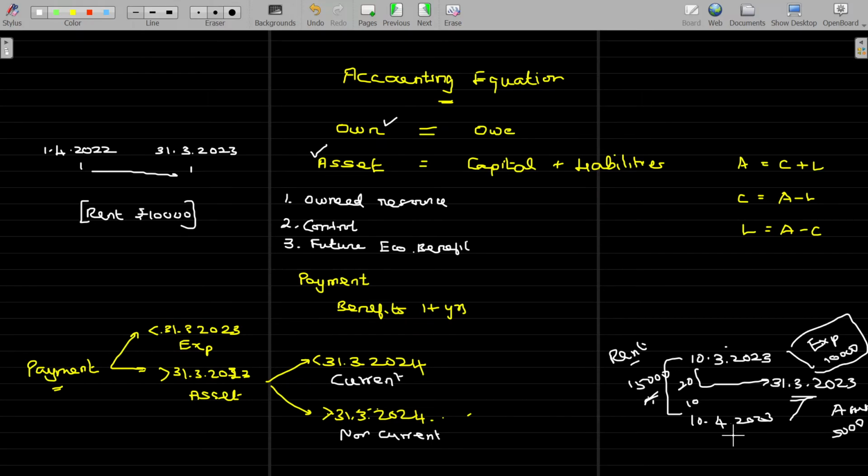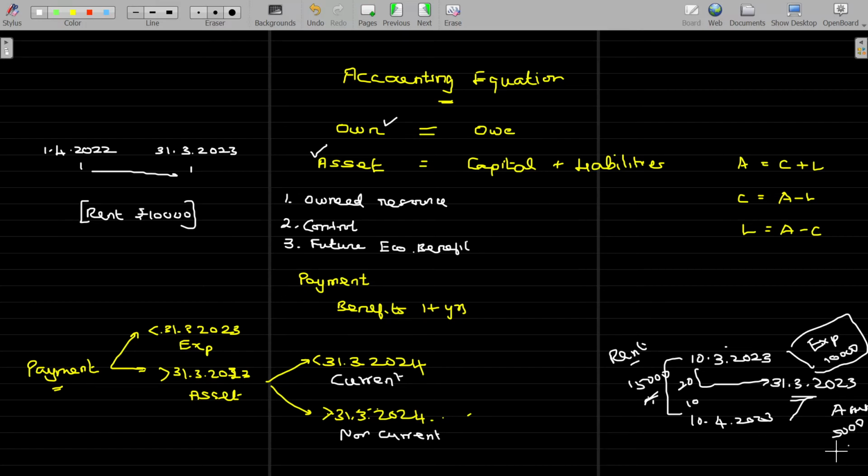If I want to vacate on 31st March, I will go and negotiate with the landlord: Sir, I have given this money up to 10th April, but because of my vacation I have to leave 10 days ahead, so kindly give some discount. You can ask that, so this amount you can get refunded. Rarely possible, but assume it is refunded.